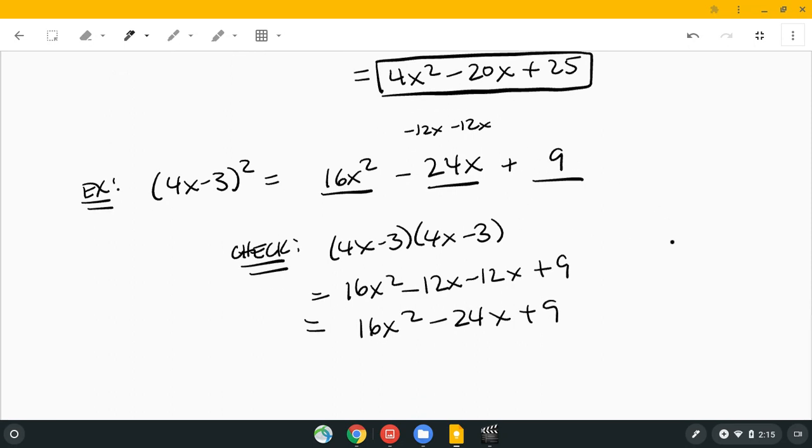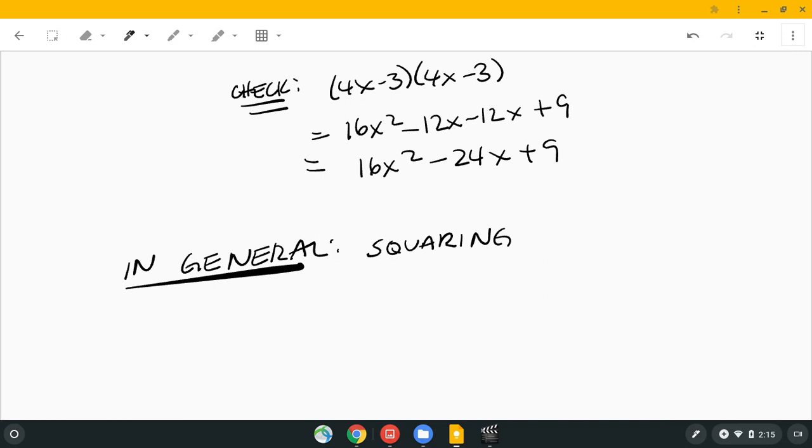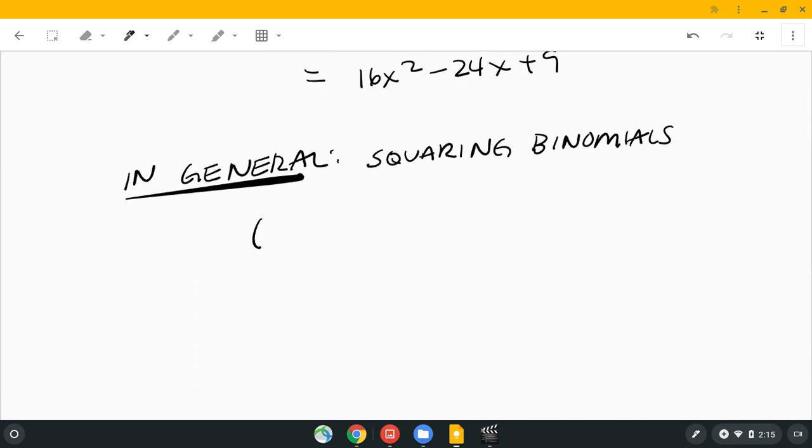Okay, so in general, when we are squaring binomials, we kind of have this formula here. So here, I'm just going to write this funny x to mean, it could be a term like 5x or it could be 2m.